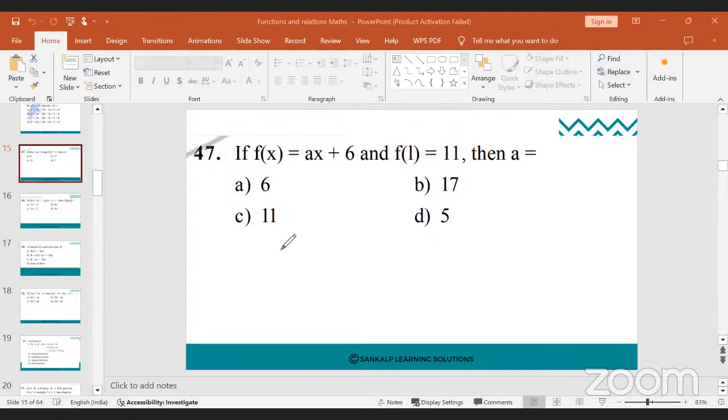Option D, exactly. So if you substitute, f of 1 is clearly given as 11. Which implies that 11 is equal to a plus 6, since x is 1. Remaining is a plus 6. So a is 5.